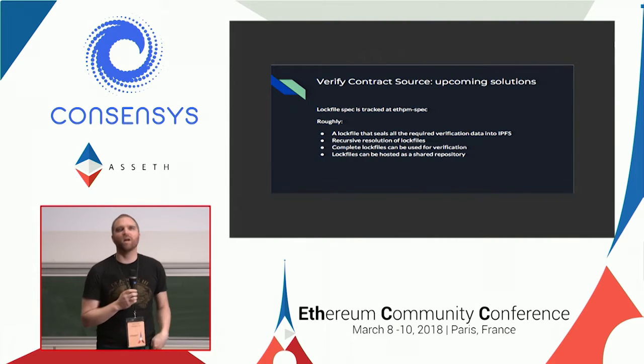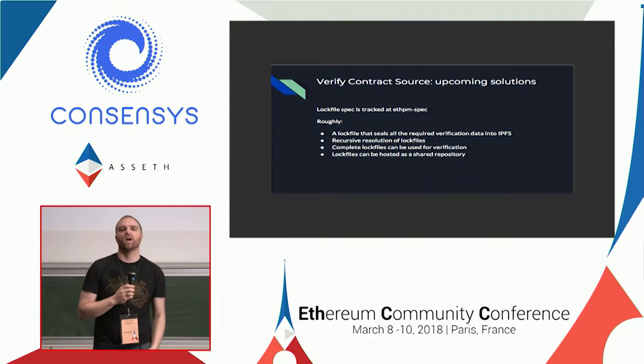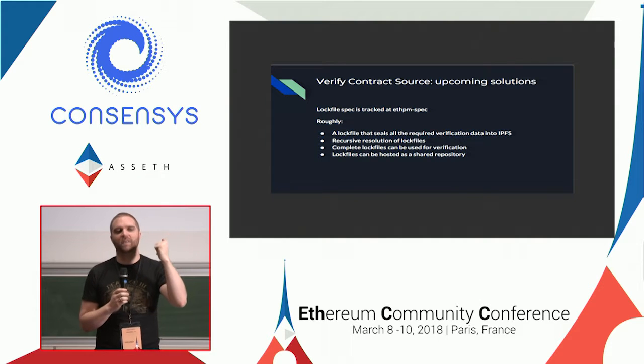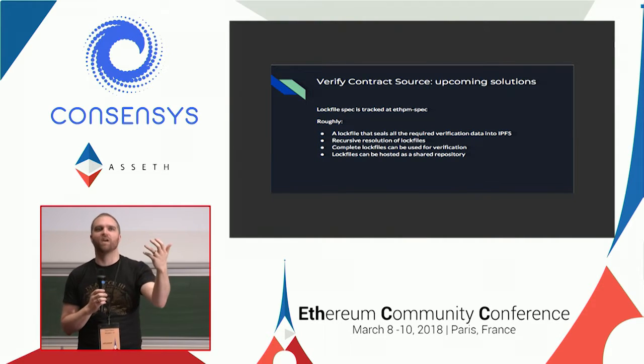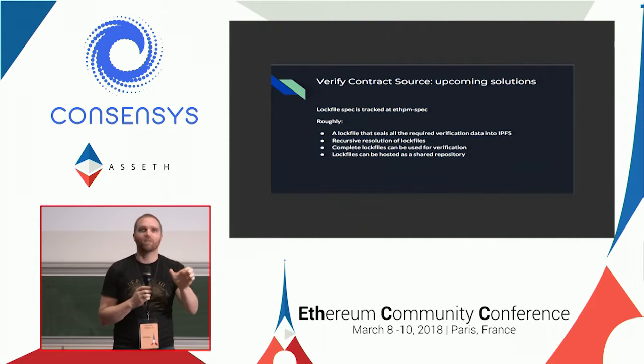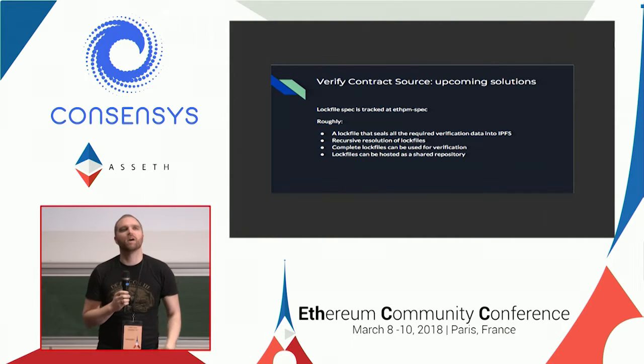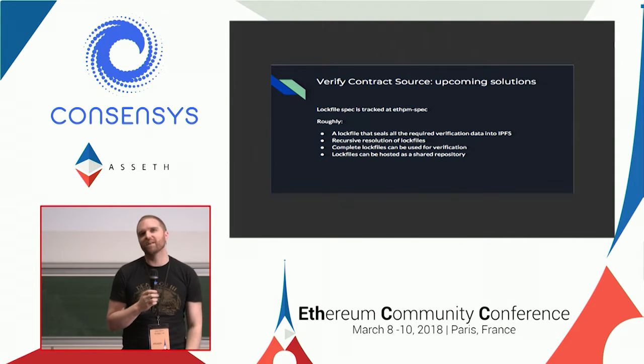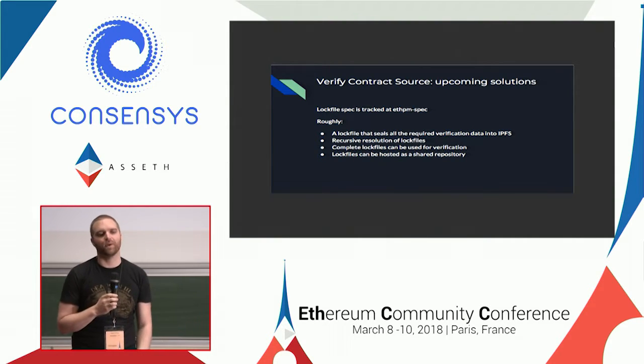So this lock file, the idea is that it includes all that information for verification, as well as links to the other libraries that it depends on in the form of a content address linked to the lock file of that library. So you get kind of recursive lock files all the way down, and you post it up on IPFS or whatever content address store that you want.